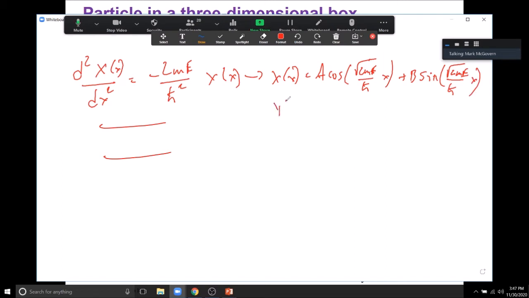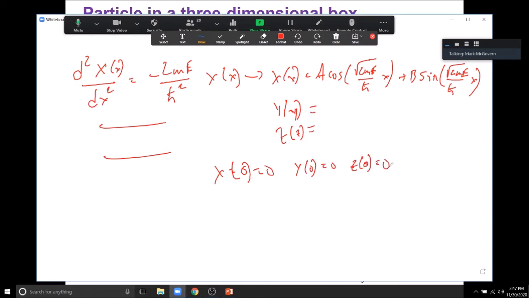There's a y that looks completely identical, and a z that looks completely identical. Those are the solutions. Now, for all of these, we still have our boundary condition: in the box, at 0, the wave functions need to be 0. That applies for y and for z as well.